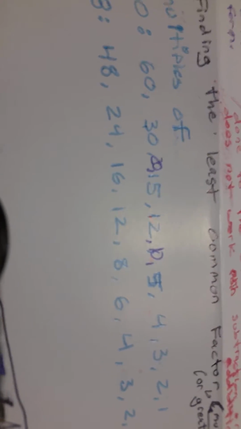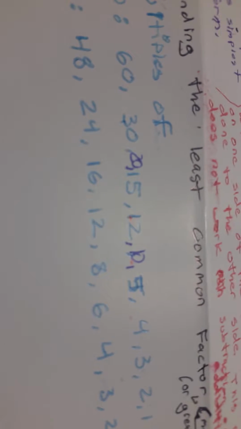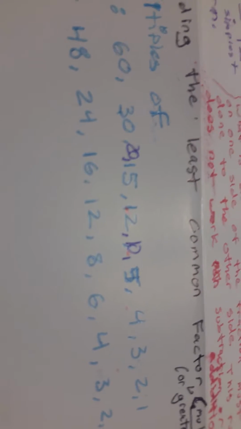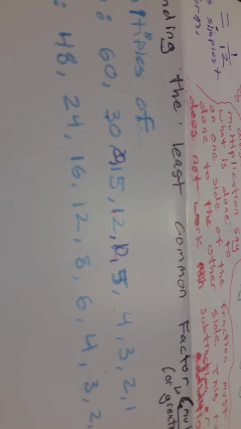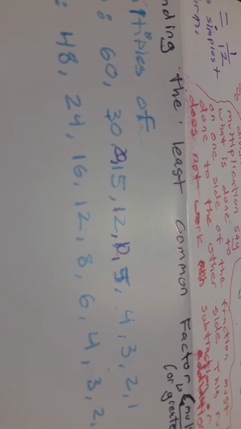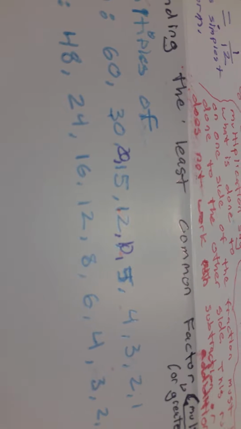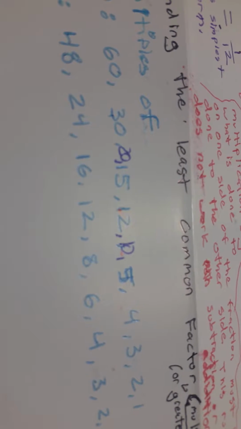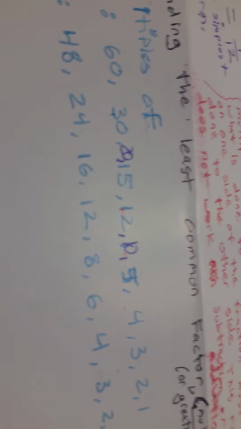And so we listed out all the multiples of 60 and 48. So to find the greatest common multiple is to look at the 2 sets and figure out which multiple has the greatest value that's in both sets.